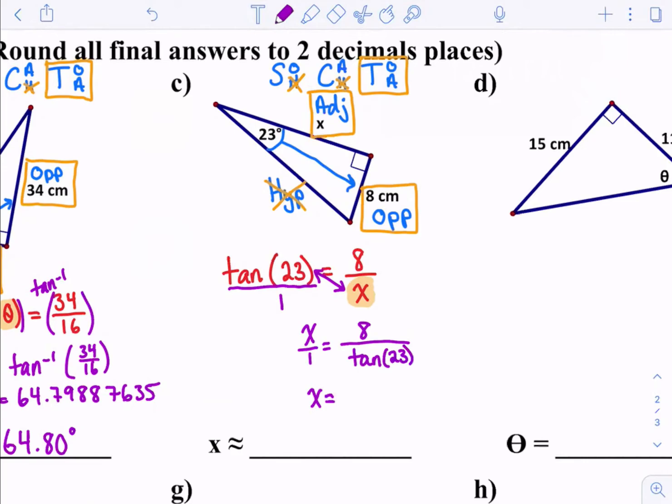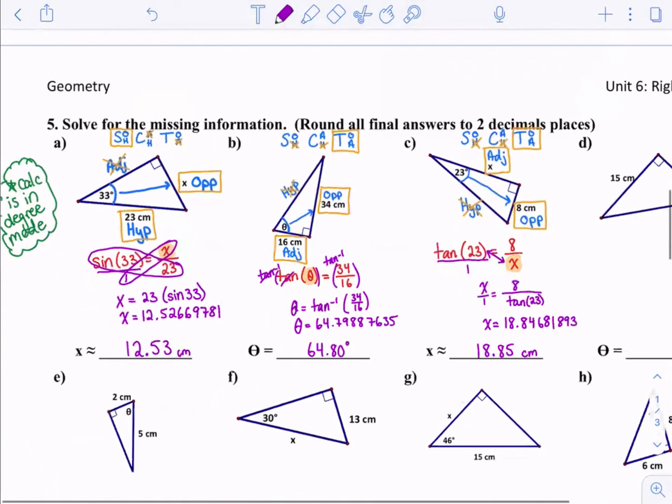And as I put that in the calculator, I get 18.84681893. So now 2 decimal places means this is 18.85 centimeters.